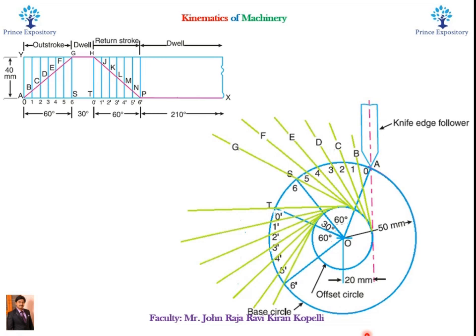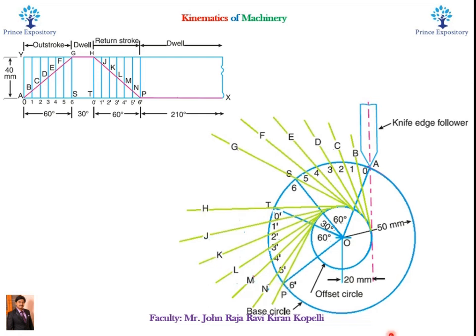And now in a similar way, we will indicate here O dash H, 1 dash J, 2 dash K, 3 dash L, 4 dash M, 5 dash N, and 6 dash P are at the same point. Yes, in this way we will indicate numbers.